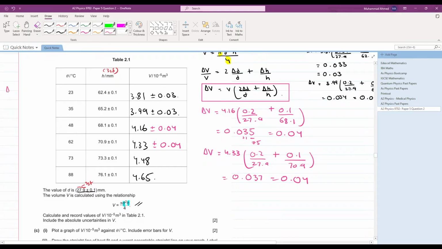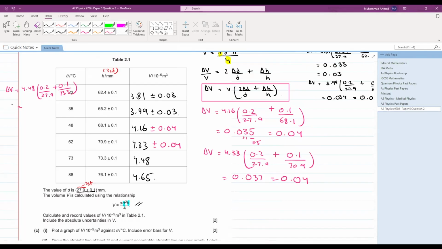So let's do it here. Absolute uncertainty in volume is equal to what? 4.48. Perfect. Into 0.2 divided by 27.9. Perfect. Plus 0.1 divided by what? 73.3. Let's calculate this answer. This will be 4.48.